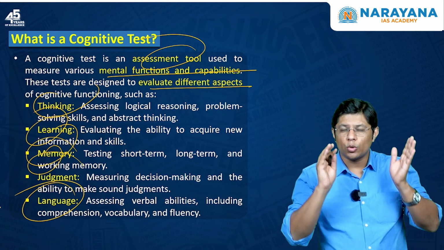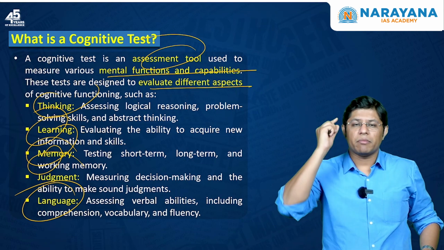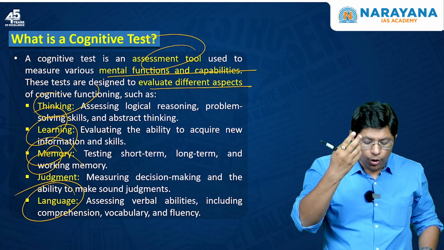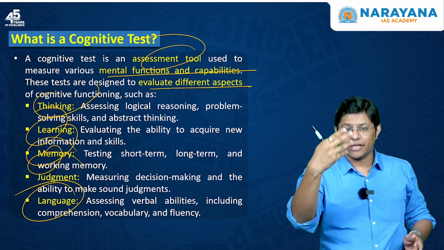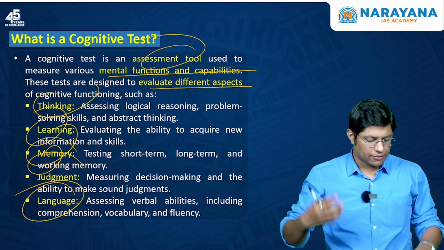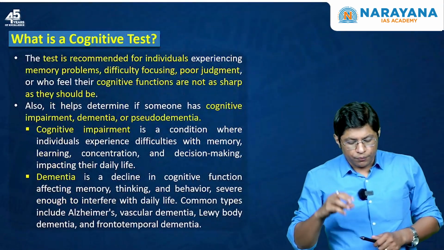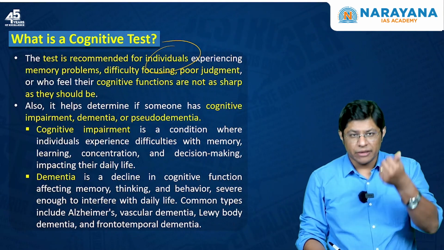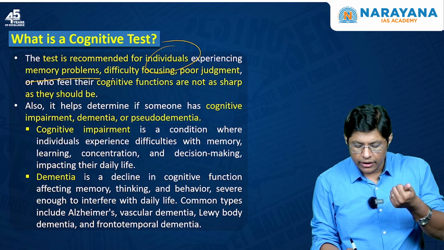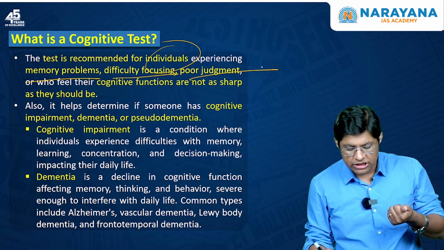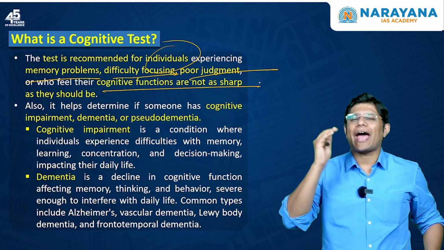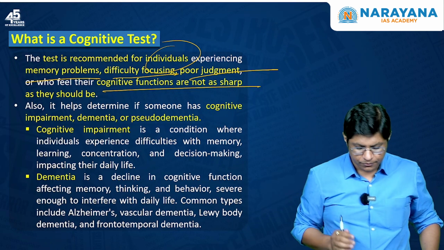So this is a tool to understand mental functions and capability: if your mind is capable of thinking, learning, taking a judgment, language, etc. Now, this test is recommended for individuals who are experiencing memory problems, difficulty focusing, poor judgment, or who feel their cognitive functioning is not as sharp as it should be.